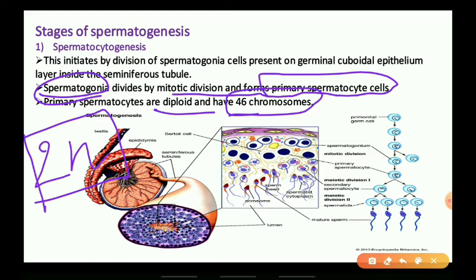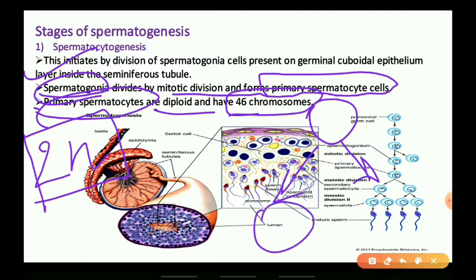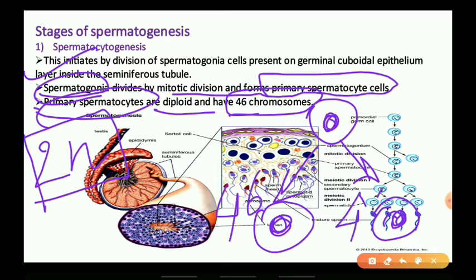The spermatogonia undergoes mitosis and forms the daughter cells. These daughter cells have 46 chromosomes, and these two cells are called diploid cells.